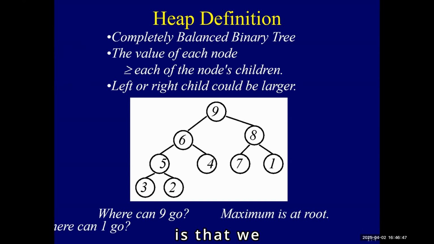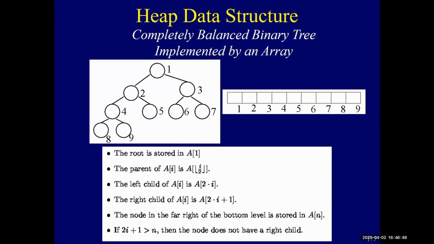The other property is that we don't actually store it with a binary tree with pointers. Why? Because our goal is to be fast here. And if you just do it in an array, it's faster, right? And in order to store an array, they're going to get stored in this order, right?